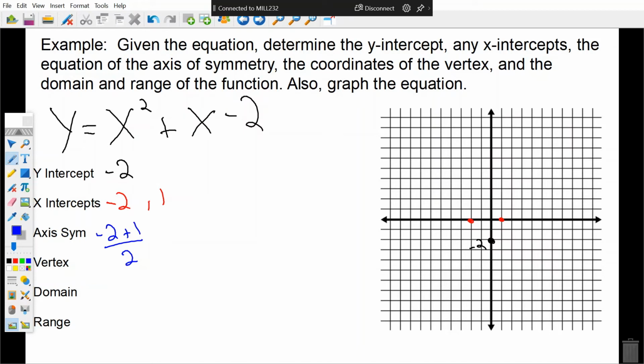So negative 2 plus 1 is negative 1, divided by 2. So my axis of symmetry is negative 1/2 or negative 0.5, whatever you prefer. So my axis of symmetry is x equals negative 0.5.